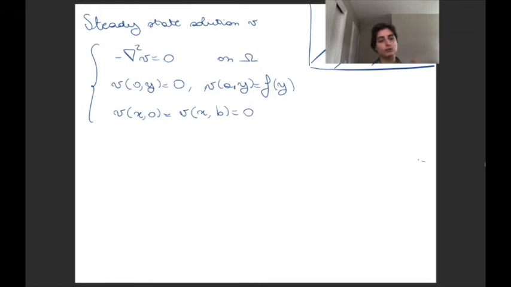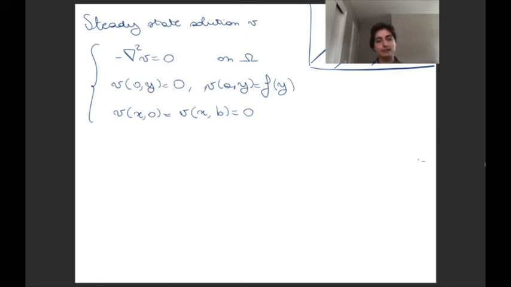So we drop the derivative with respect to time, and we're looking for a function v that only depends on x and y. We have that minus nabla squared v is equal to 0 on omega. We have that v for x equal to 0 is 0.